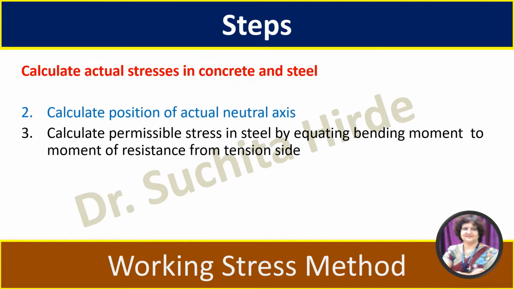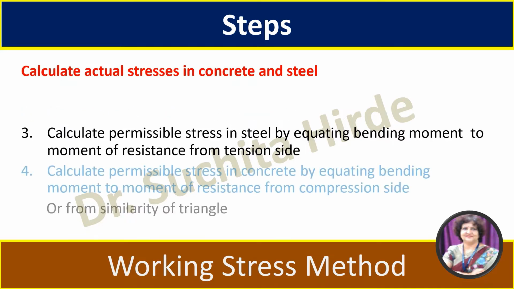I will explain these steps while solving the problem. And then, the last step, after calculating the stress in steel, we calculate stress in concrete by equating bending moment to moment of resistance from compression side. There is one more method to calculate the stress in concrete, that also we will discuss, by using similarity of triangles. So let us solve a numerical example using working stress method.